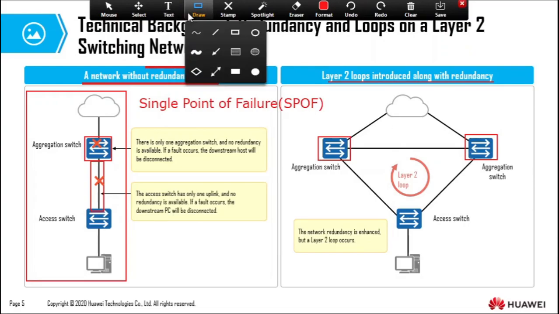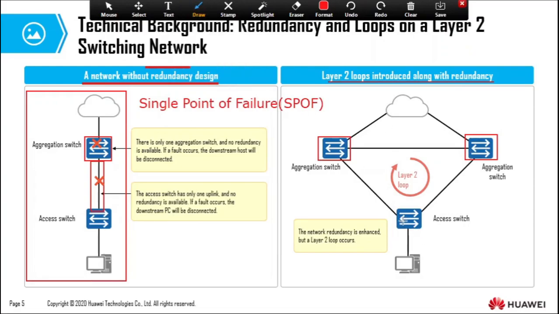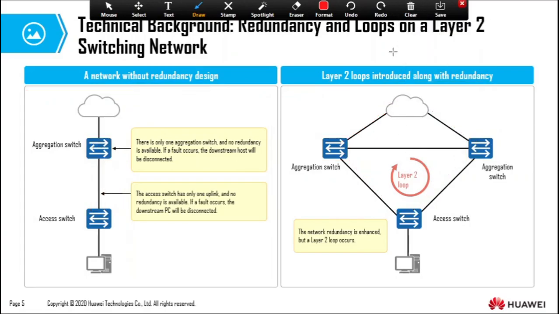So for that matter, the access switch can access the internet via that aggregation switch, or it can access it via this aggregation switch. So we've provided that redundancy, and for that reason, we can easily have a loop here.